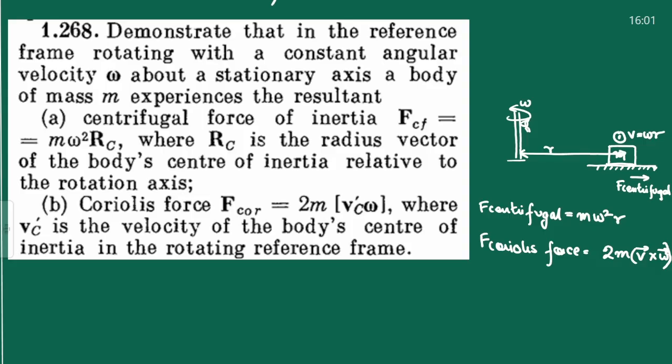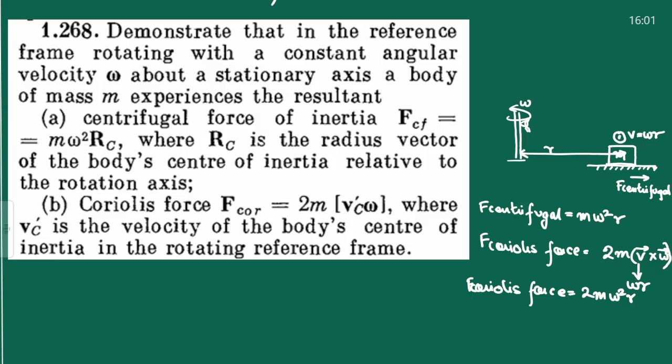Now this velocity is nothing but the velocity as seen by the observer. So what is the velocity as seen by this observer? It is nothing but omega r, isn't it? So this v is nothing but omega r, and omega is the angular velocity of the observer. What is the angle between omega r and omega? It is nothing but 90 degrees. So our Coriolis force is nothing but 2m omega square r.